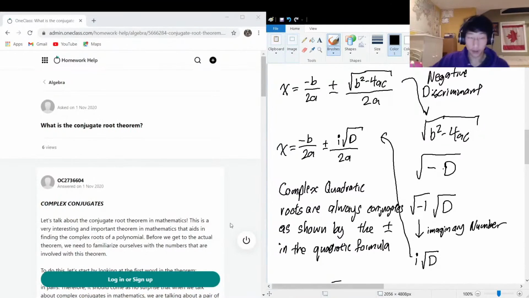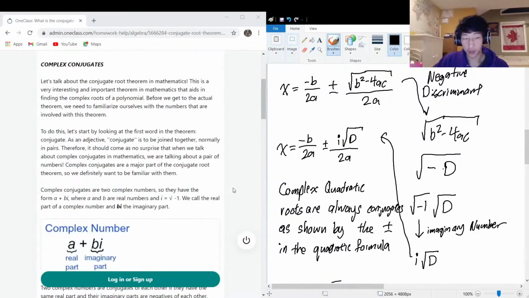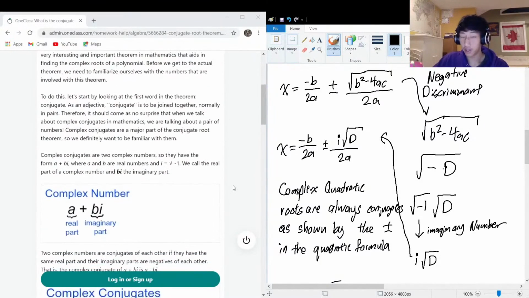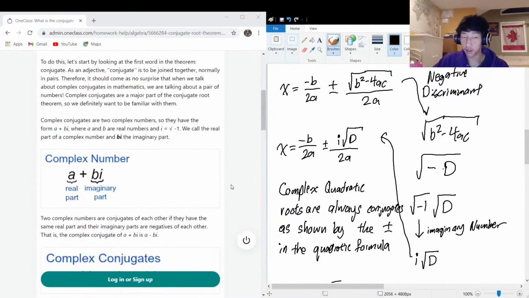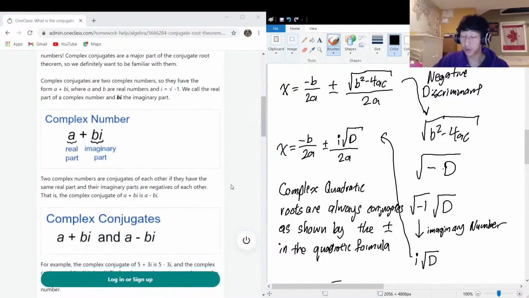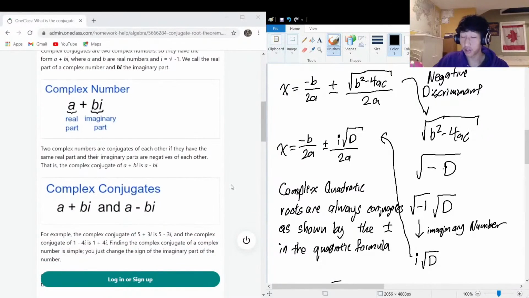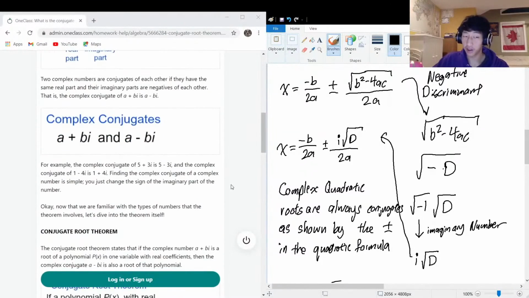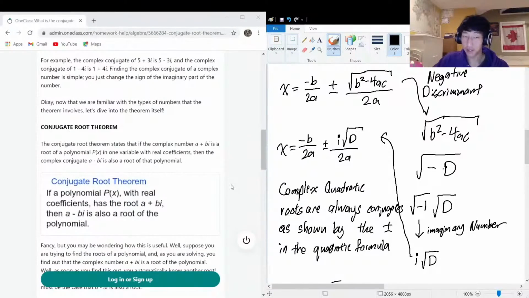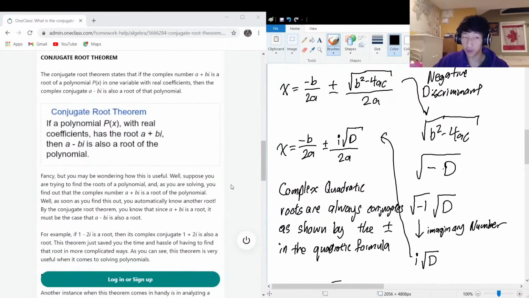Okay, cool. So if you ever calculate the roots of a quadratic and you find that the roots are complex but they're not conjugates, you know that they are wrong. It has to be conjugates for the complex roots of a quadratic.